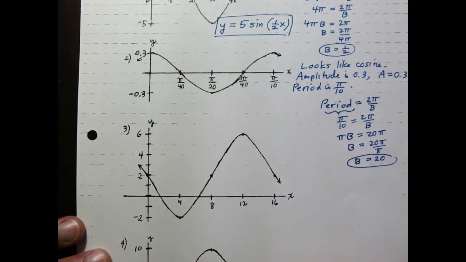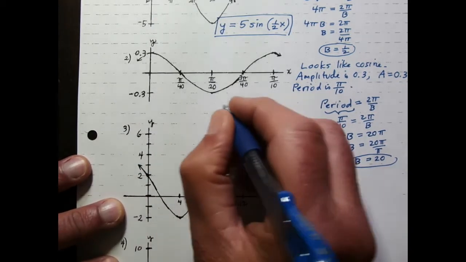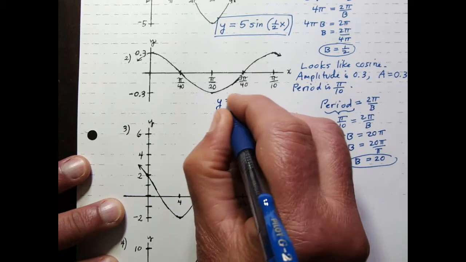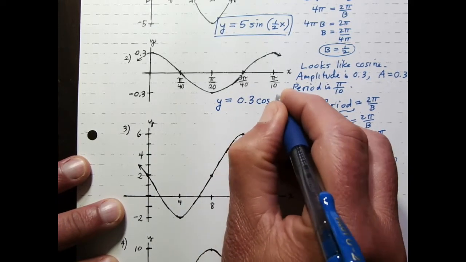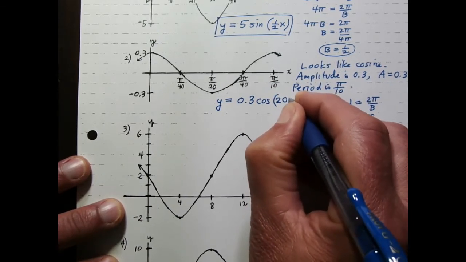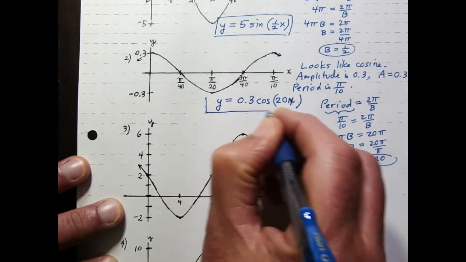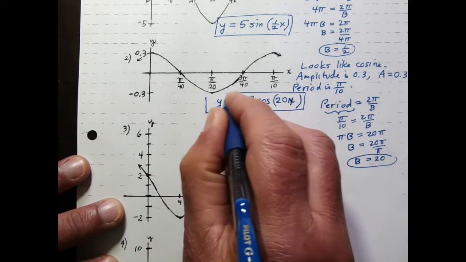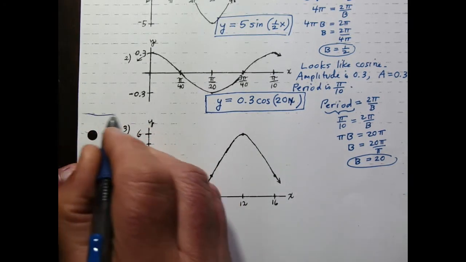And let's see, I don't see phase shift, don't see vertical shift. I think we're all set for a cosine. Y equals 0.3 cosine of 20x. Okay, so we got our second graph equation.